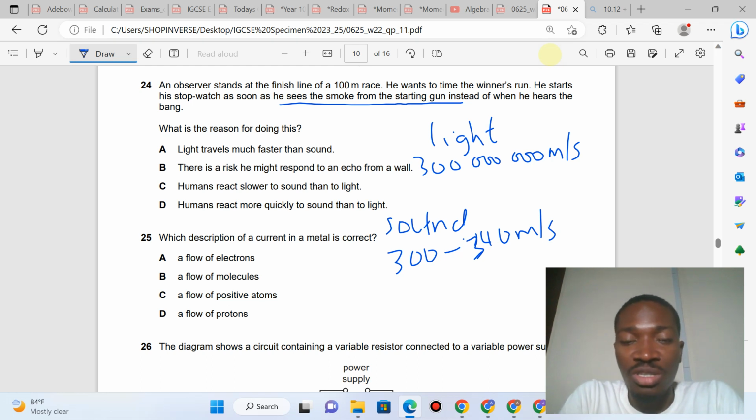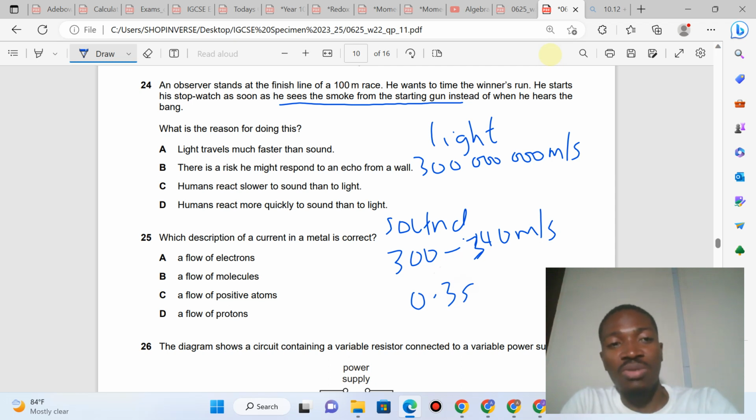So if he starts the timer immediately he sees the light, the smoke, that means he is starting the timer immediately the race is starting. If he doesn't start it immediately, there will be a time delay because he's at a distance of 100 meters away, a time delay of approximately 0.3 seconds.